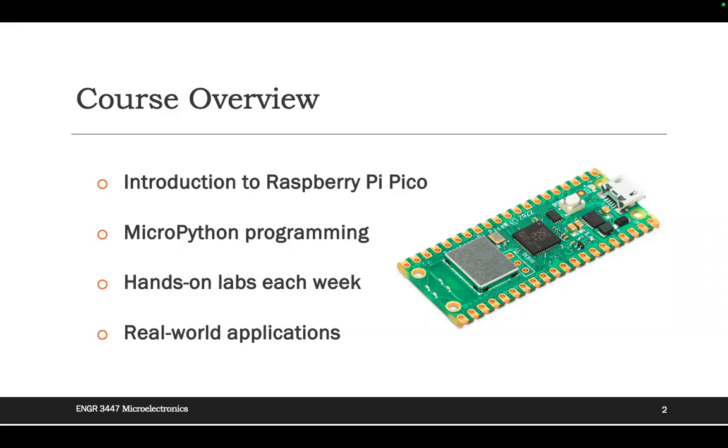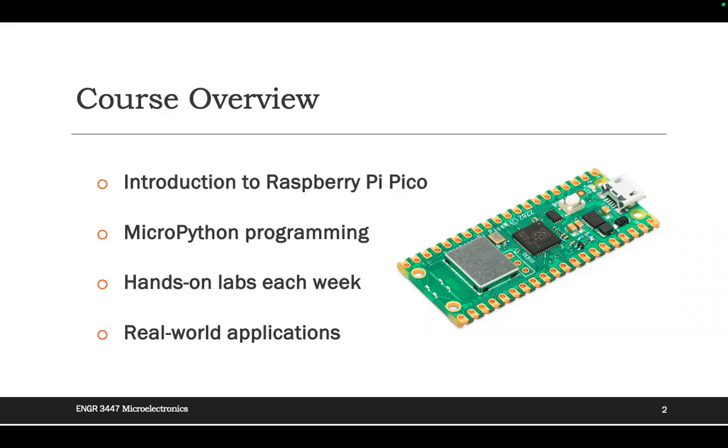And then, after this course, how to do MicroPython programming. I think MicroPython programming is very similar to Python programming. And after this class, I think you can do the programming for other classes, for example, Robotics 1, 2.